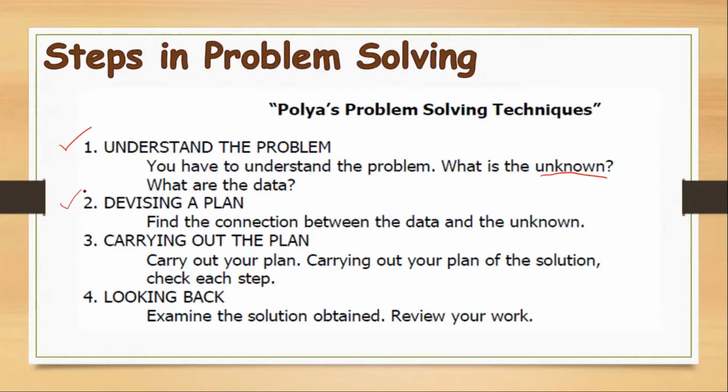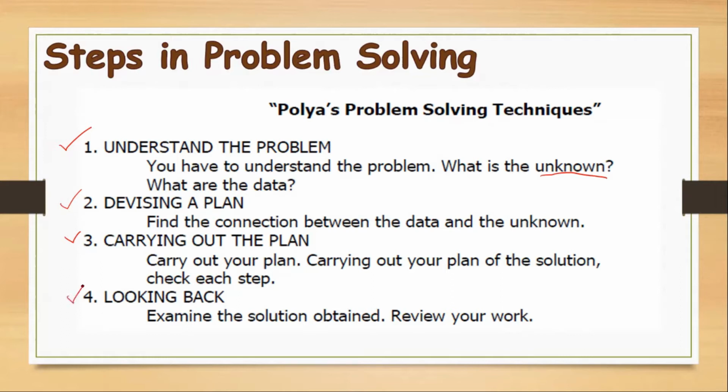Number 2, you have to devise a plan and find the connection between the data and the unknown. So you have to identify what kind of solution you are going to use. And number 3, you have to carry out the plan and check each step. Make sure that each step that you are doing is correct.